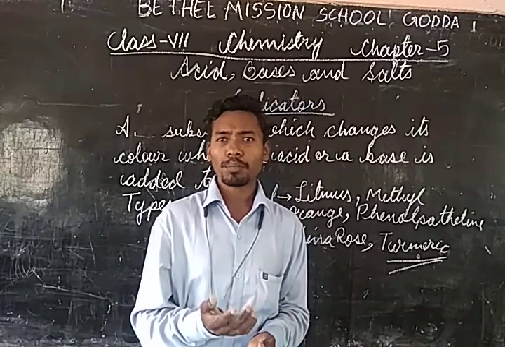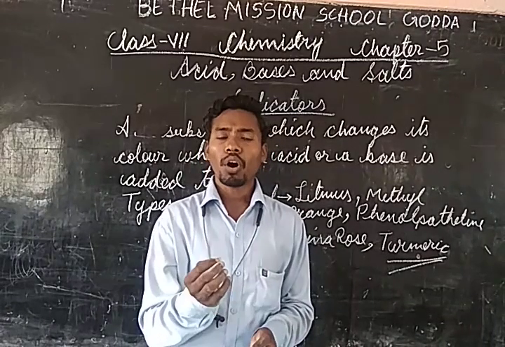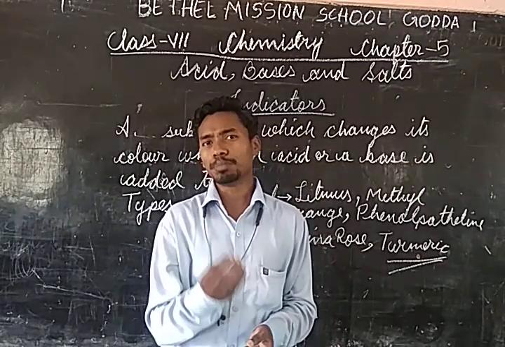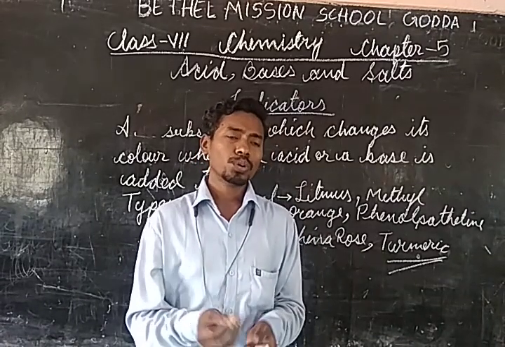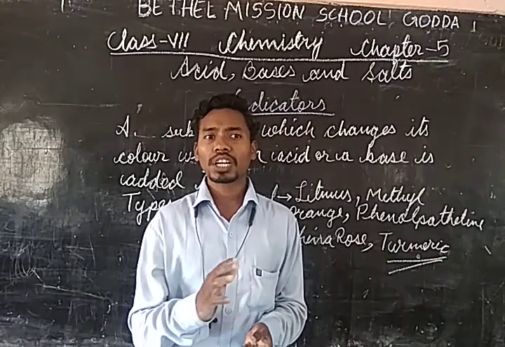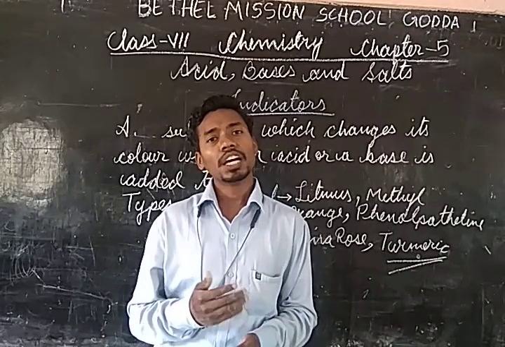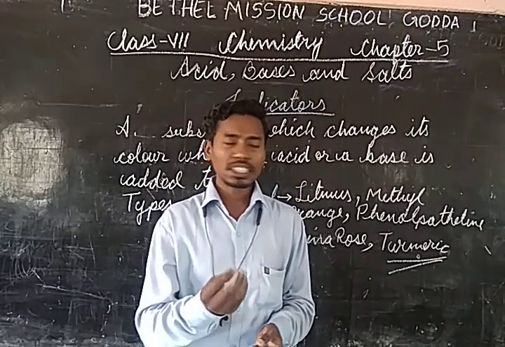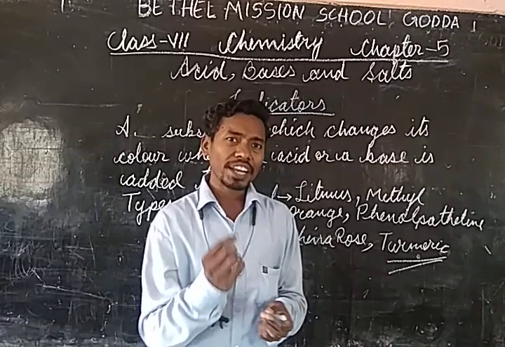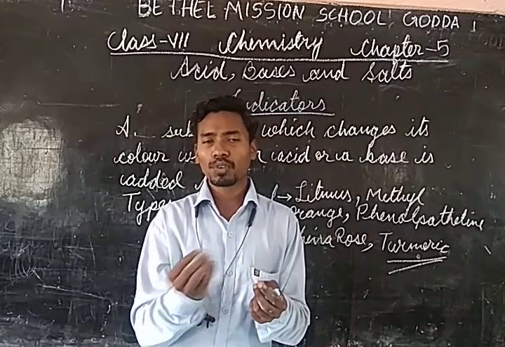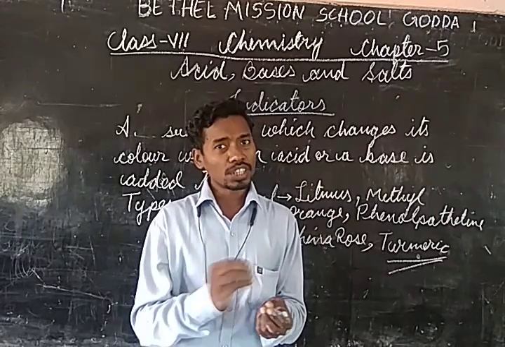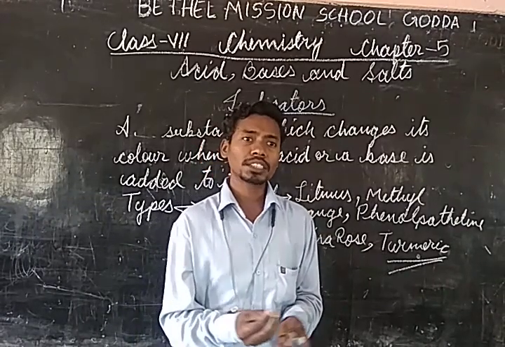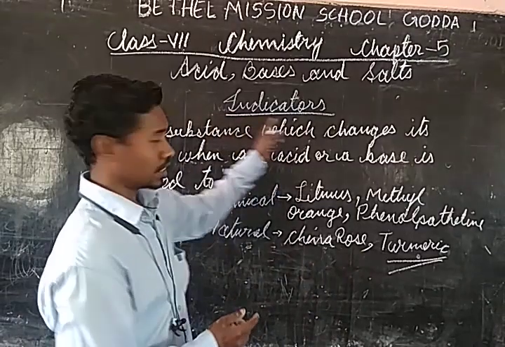Why does that happen? Because the soap or the detergent that you use is basic in nature, and when it is added to that turmeric, the color of the turmeric changes to red. So this is an example of an indicator: when a base was added to turmeric, it changed its color. So turmeric can be termed an indicator. Okay.